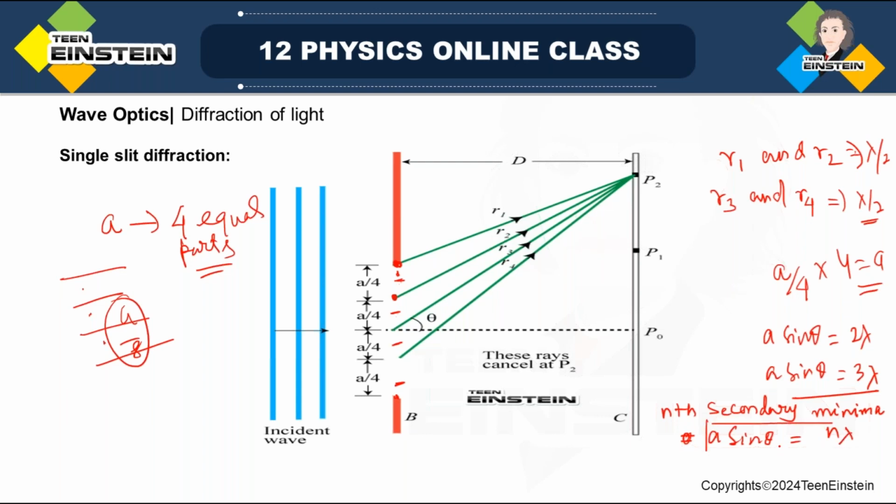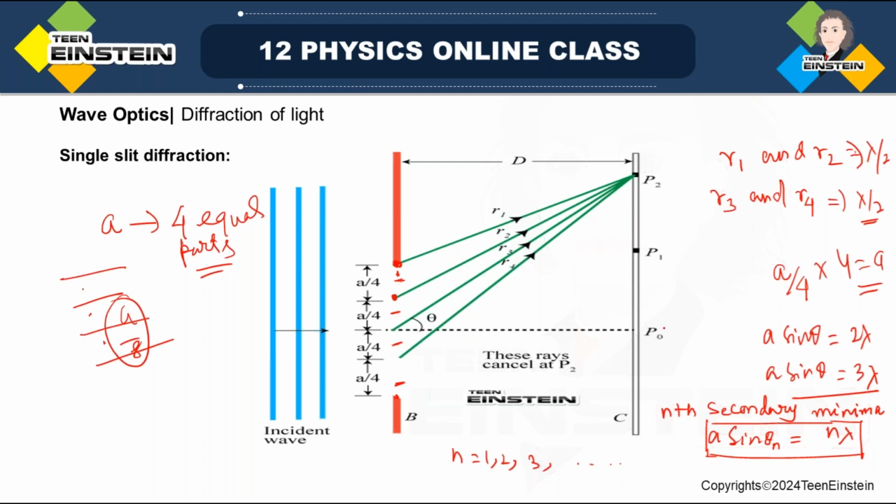Okay, this is theta n, suppose n. So n can be 1, 2, 3, it cannot be 0. Any order you take. So the condition for secondary minima to occur is a sin theta is equal to n lambda. All right, so you can actually get the position of the minima easily from this.